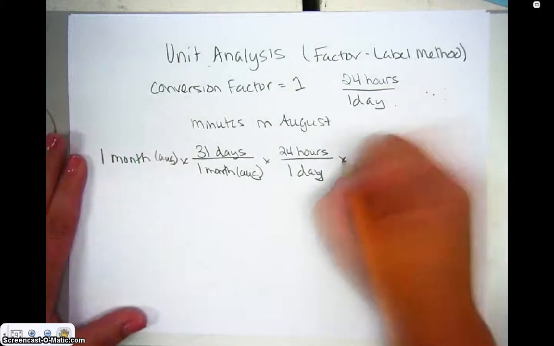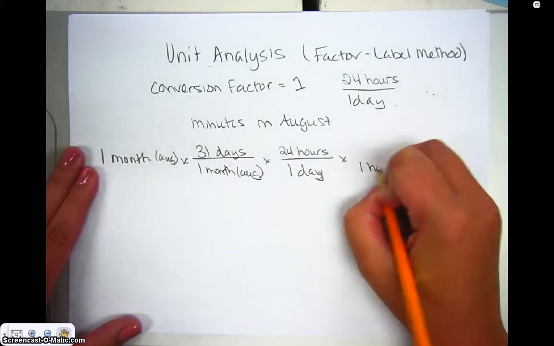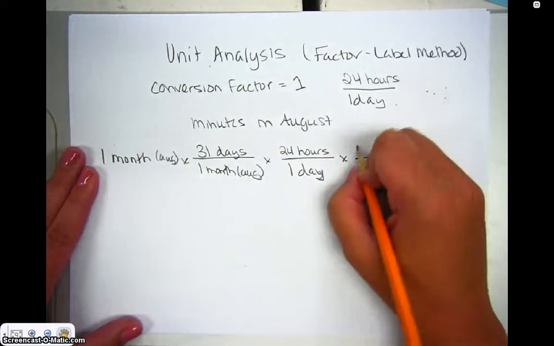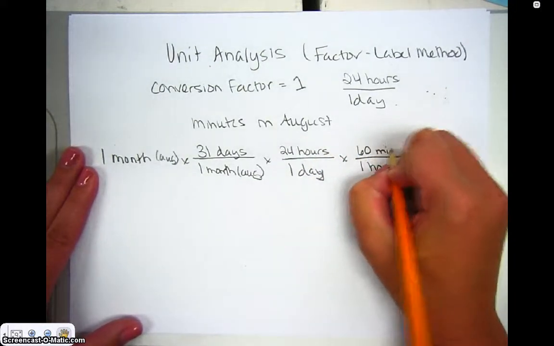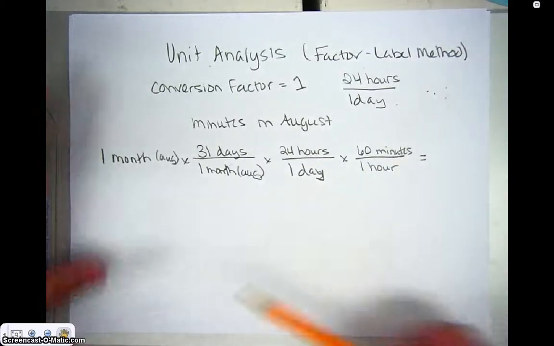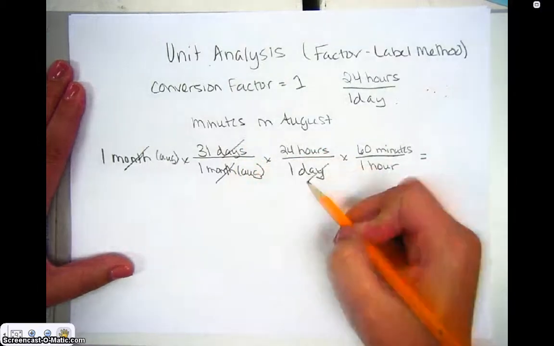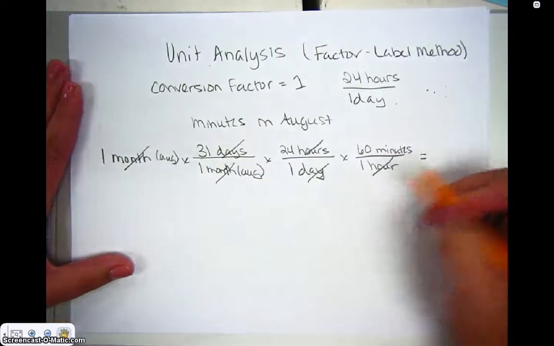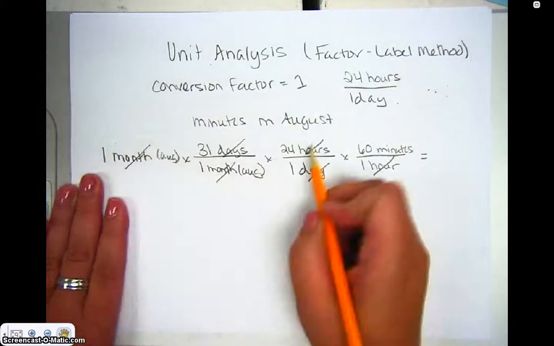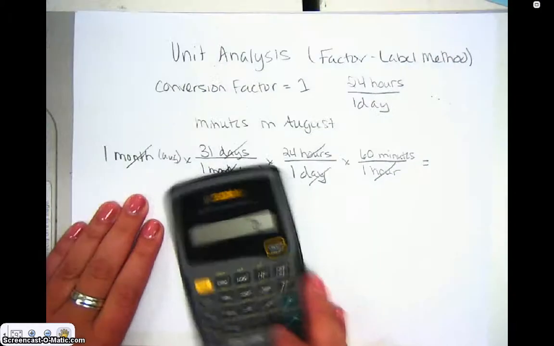So in every 1 hour, I'm trying to make the hour cancel out, there are 60 minutes. Now, if we go through, we can see that months will cancel, days will cancel, hours will cancel. And so if I just take 1 and multiply it by 31 times 24 times 60, that should give me the number of minutes in the month of August.